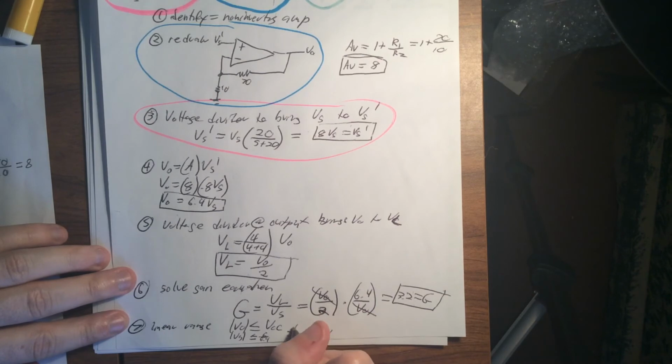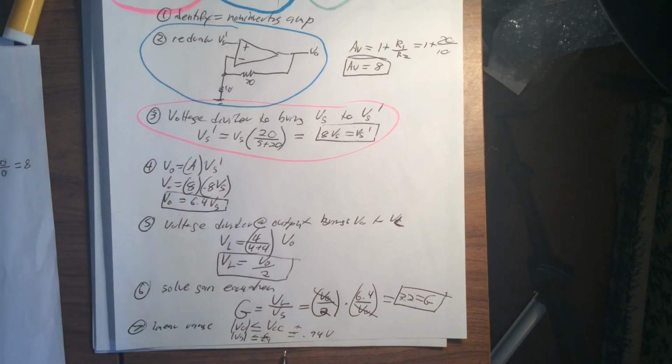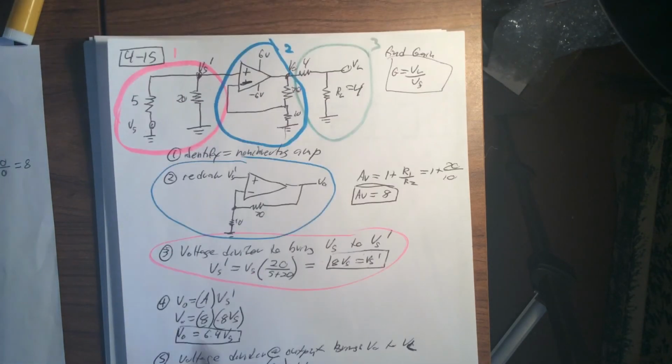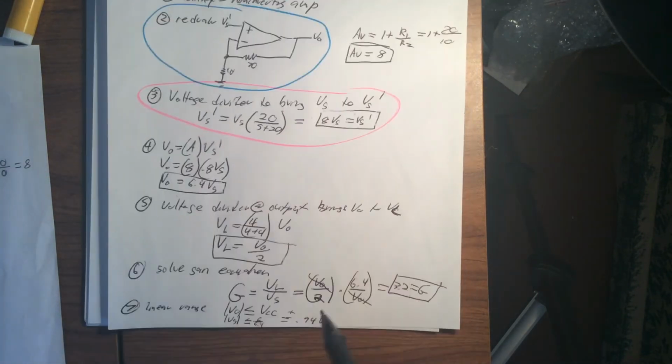And that's going to be plus or minus. So that should be set and done. Yeah, that looks good to me too. So that's our linear range then. So that's the amount that it bounces through. So we can look at this and say plus or minus 0.94 volts on a 6 volt op amp. This is good to go.